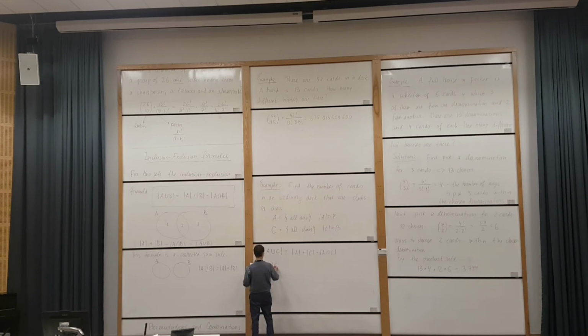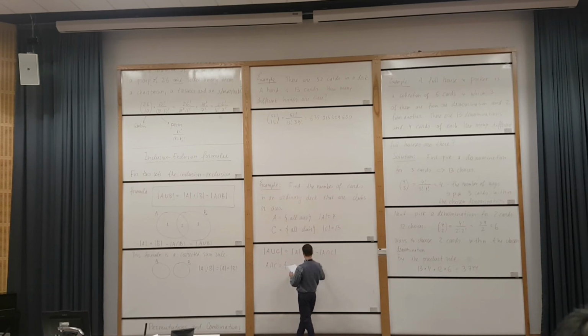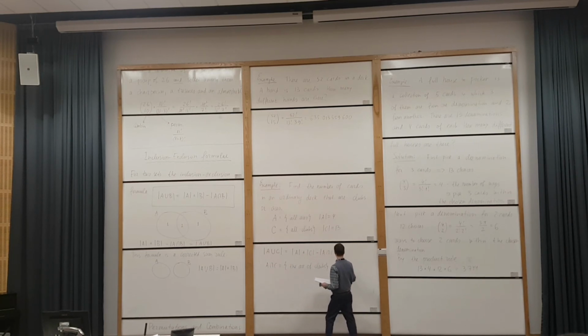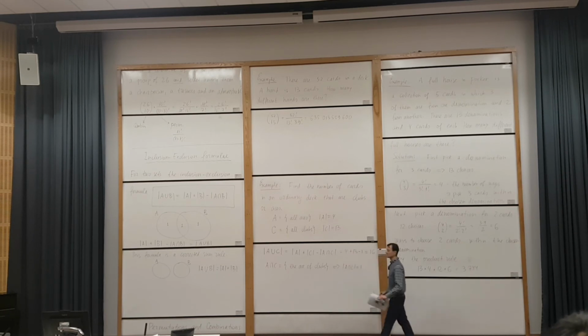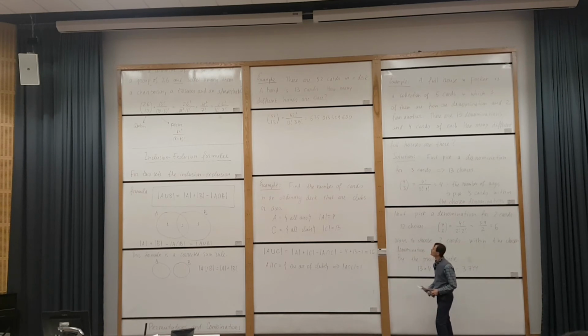So A intersection C contains only one card, the ace of clubs. Okay? So therefore, the number of elements in the intersection is 1. Substituting these three numbers, we get 4 plus 13 minus 1, which gives us 16. So there are 16 cards which are clubs or aces.